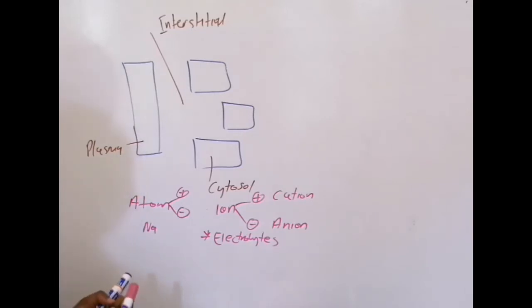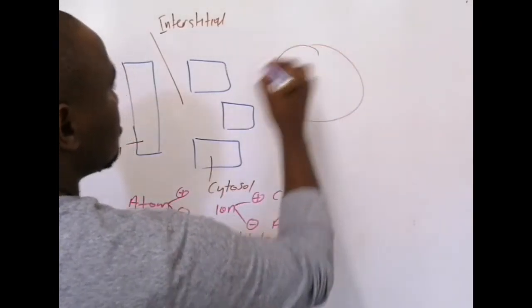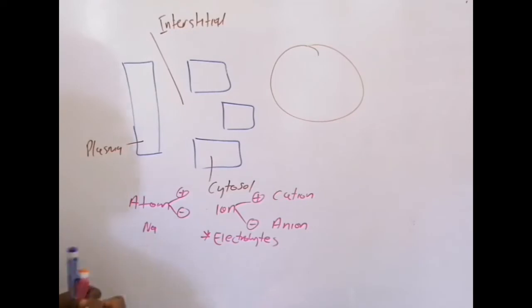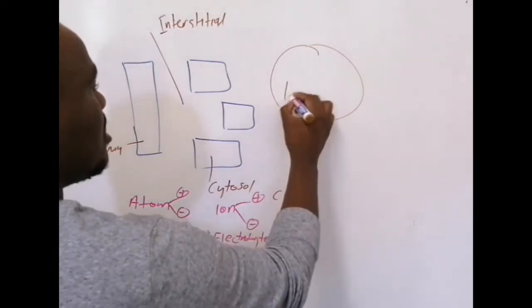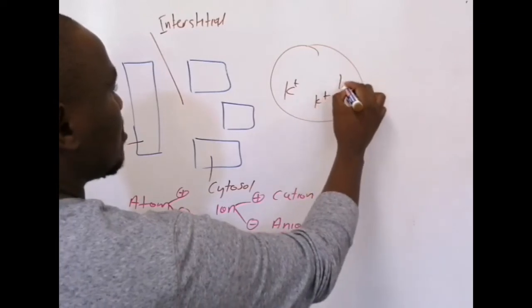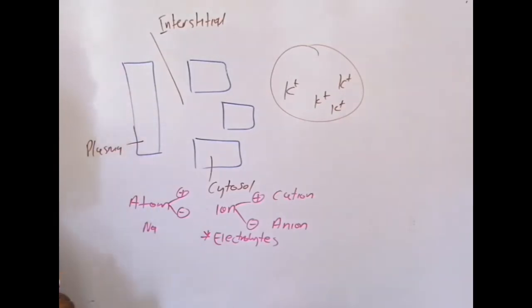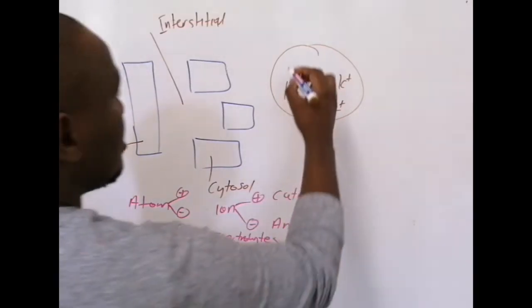So what was discovered is that inside the cell, the most abundant cation is potassium. The second most abundant cation inside the cell is magnesium.